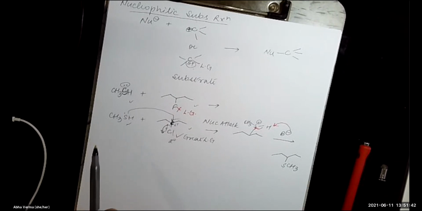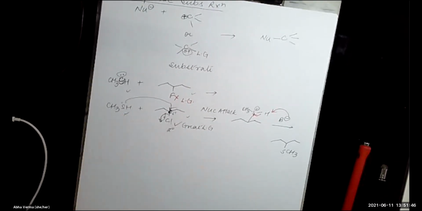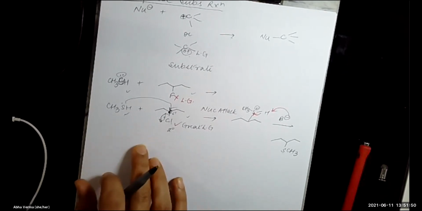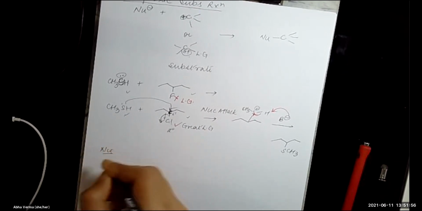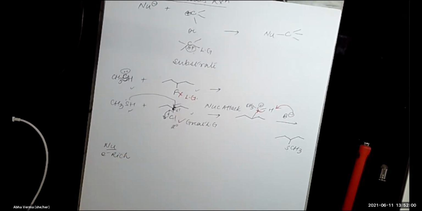Now, we have already learned about the bases in our module 3. So in this module, we will be focusing more on nucleophiles. And as I said, nucleophiles are also electron rich, just like bases.